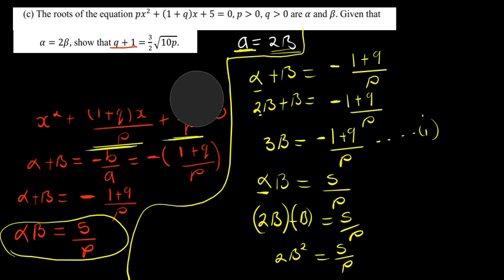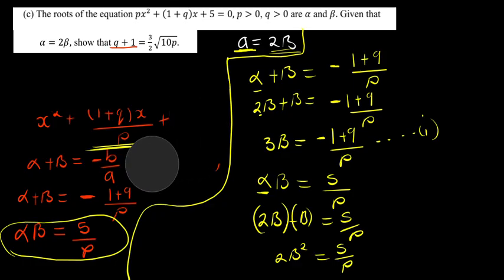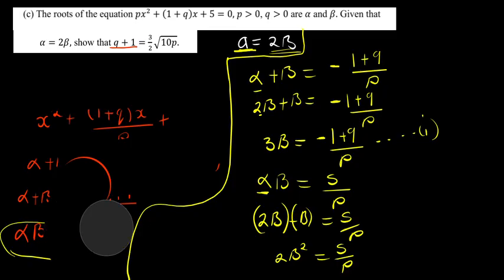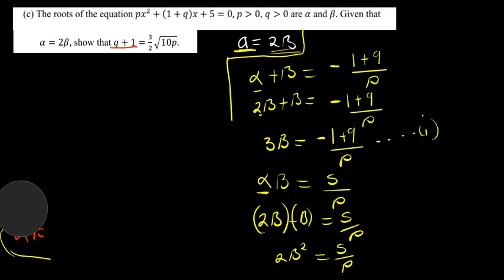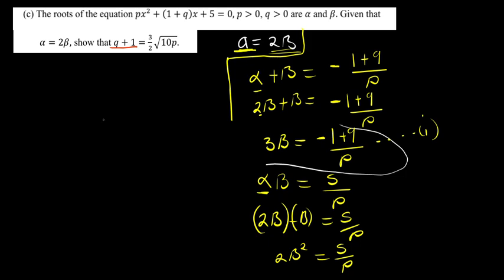I want you to look at something interesting here. If you look, you shall see that you have the first equation, which is this one here, 3 beta equal to negative (1 + q) over p.